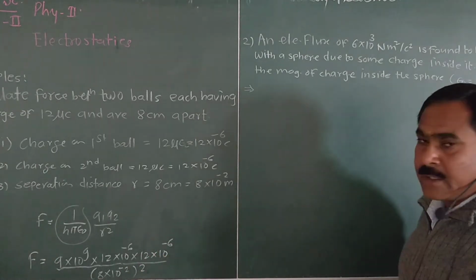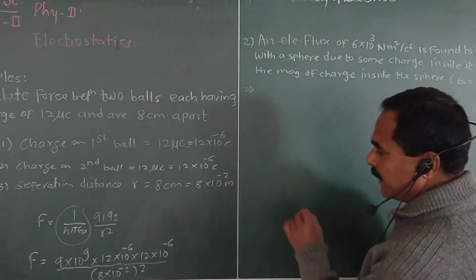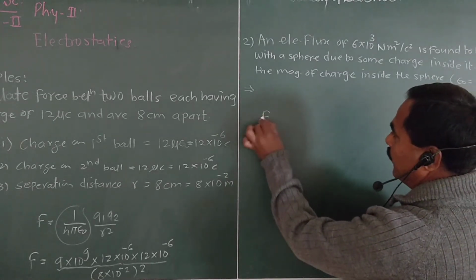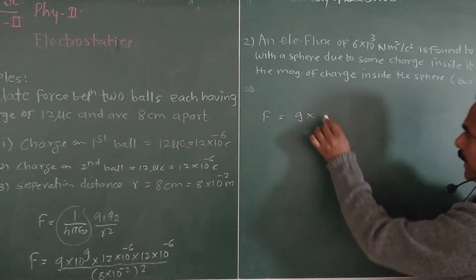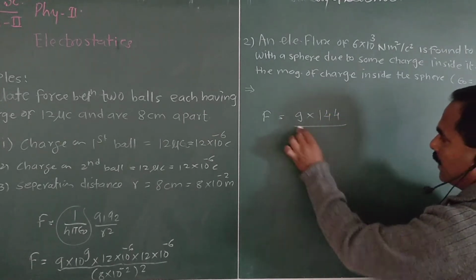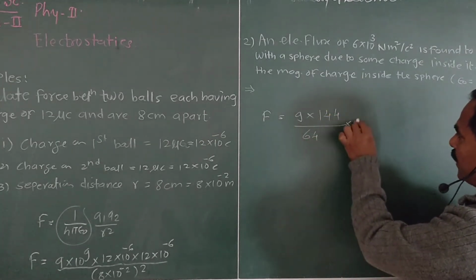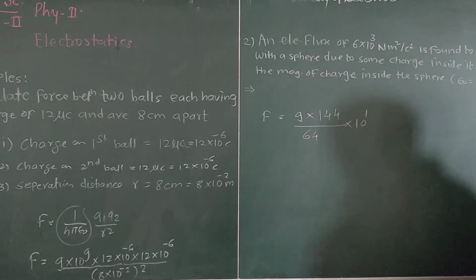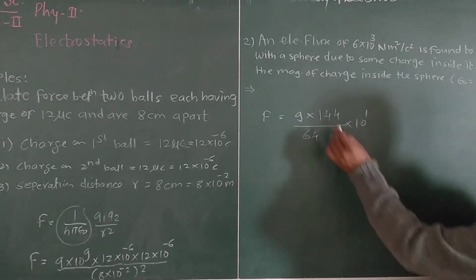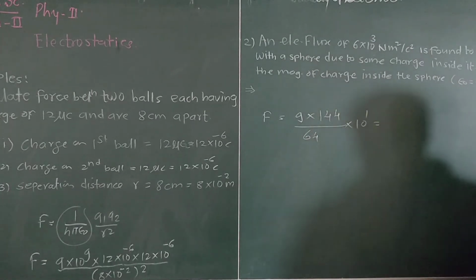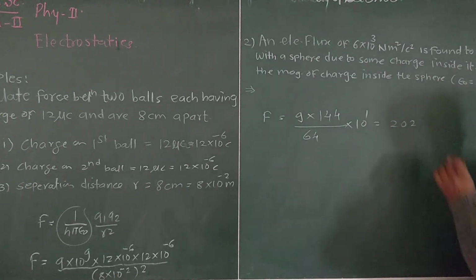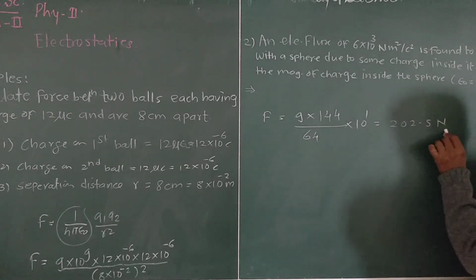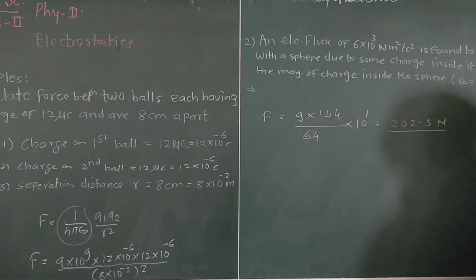So we get only 10 raised to 1. So we write here F equal to 9 into 12 into 12, that is 144, divided by 64 into 10 raised to 1. Then we write the answer, that is 202.5 Newton. This is the force between two balls.